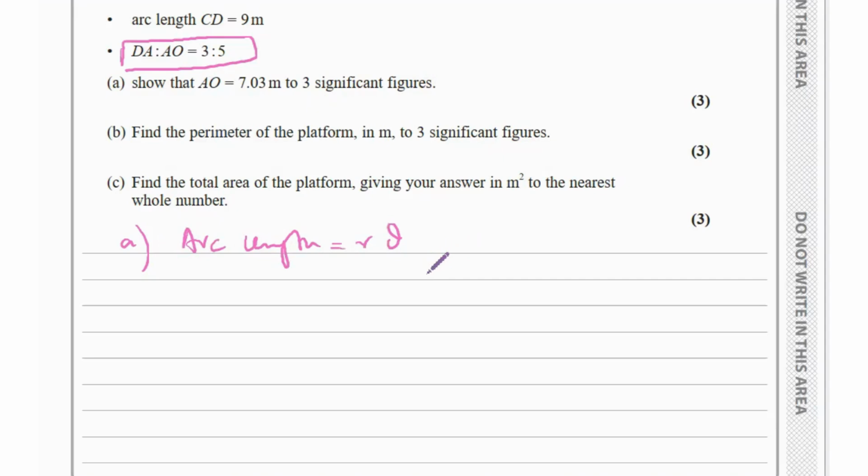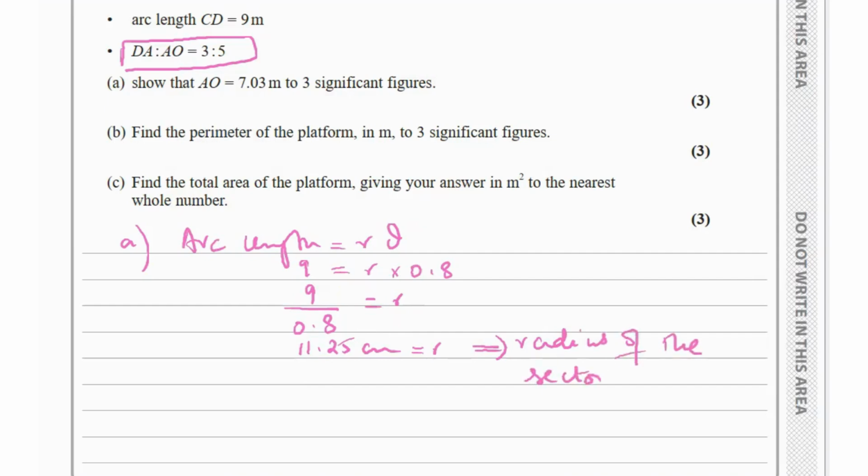The formula you remember from IGCSE is theta over 360 times 2 pi r, but in that case, the angle was in degrees. Since it's in radians, we use r times theta. So 9 equals r times 0.8, 9 divided by 0.8 equals r. That gives us a value of 11.25 centimeters. Now this is the radius of the sector, not the circle, the sector.